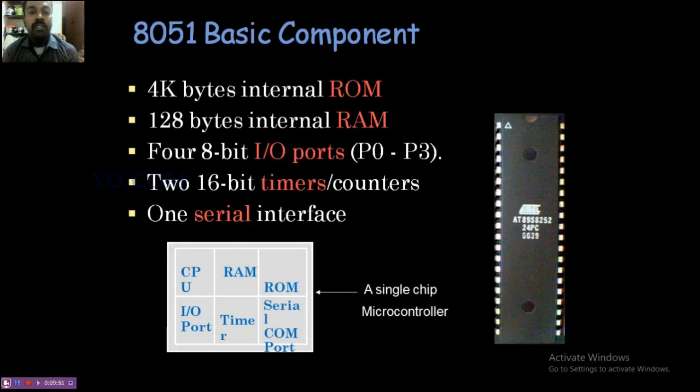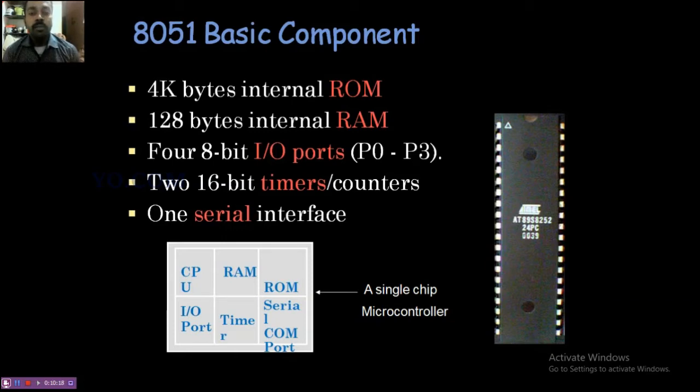In our computer our hard disk is 500 GB, but in a microcontroller the internal memory, that is the ROM, is 4 KB. There are 128 bytes of internal RAM. In our computer, RAM is 6 GB or 2 GB or 4 GB, but in our microcontroller the RAM is 128 bytes.